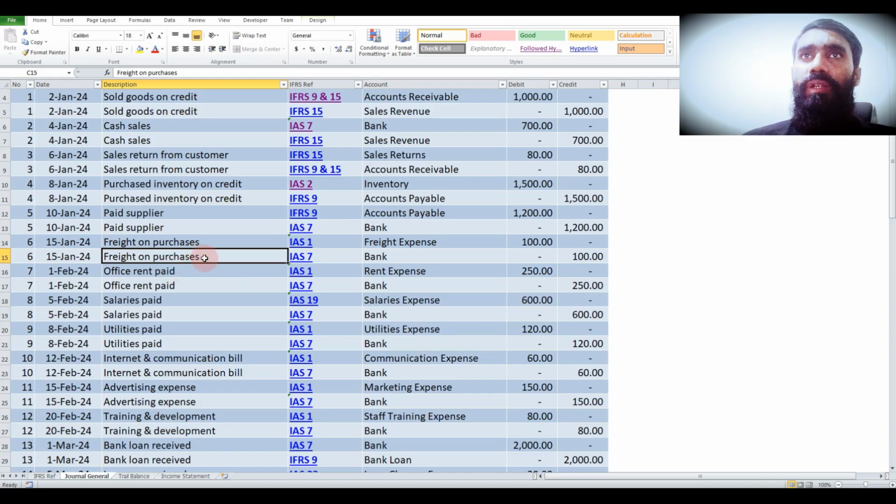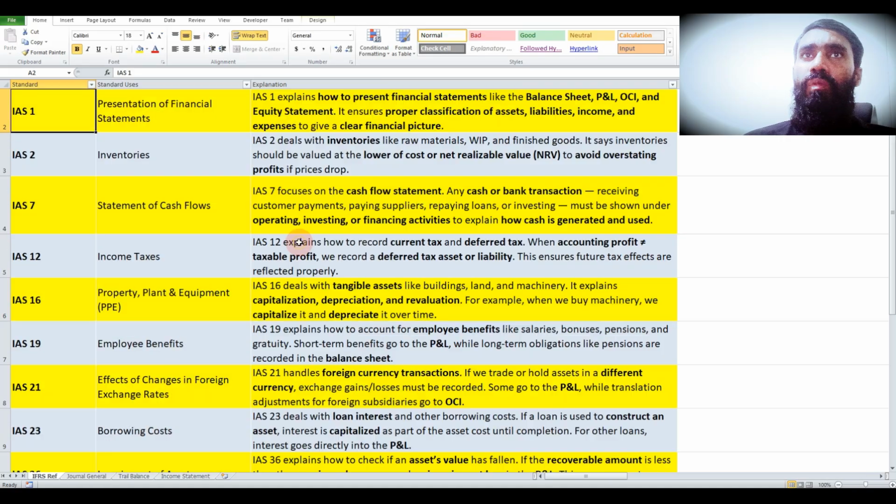Freight on purchases, it's an expense account under IAS 1. Presentation of financial statements explains how to present financial statements like the balance sheet, P&L, other comprehensive income, and equity statement.